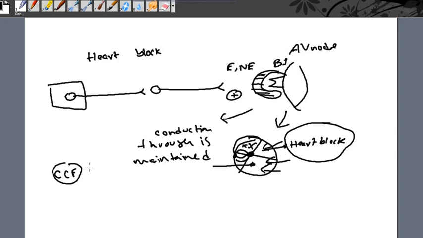To understand that, you have to understand the Frank-Starling curves, the flat portion and the steep portion, and also the ejection fraction concept, and all these things are taken into account before prescribing beta blocker like carvedilol to a patient of heart failure.